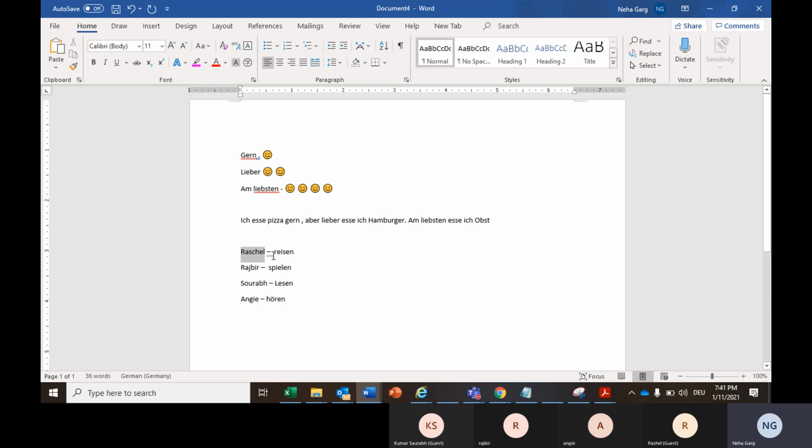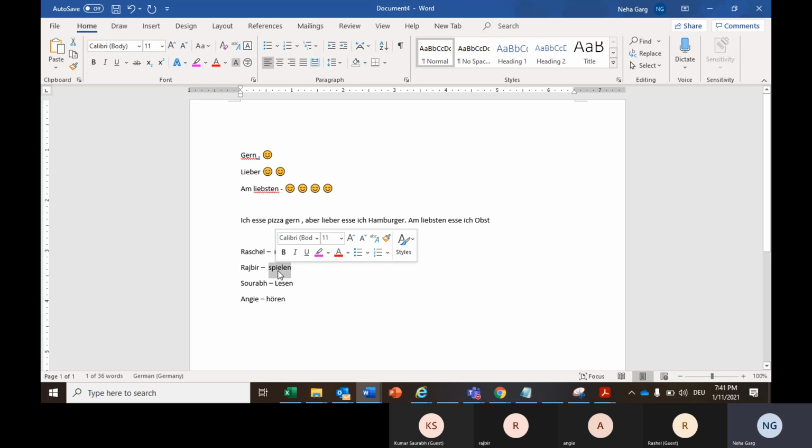So similarly, Rachel, you have to write for Reisen where you prefer to travel, then the more preferable travel destination, and then the most preferable travel destination. Maybe: Ich reise gern nach, and then any city name, dann nach another city name am lieber, and then nach another city name am liebsten. So this is how you have to write.